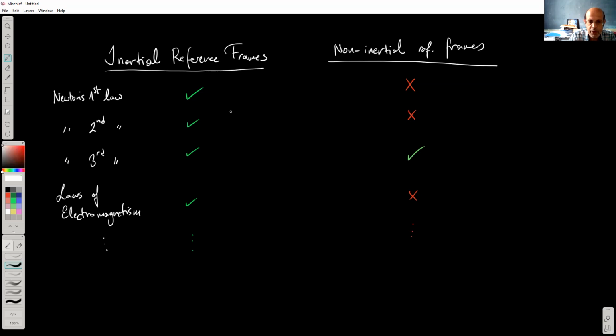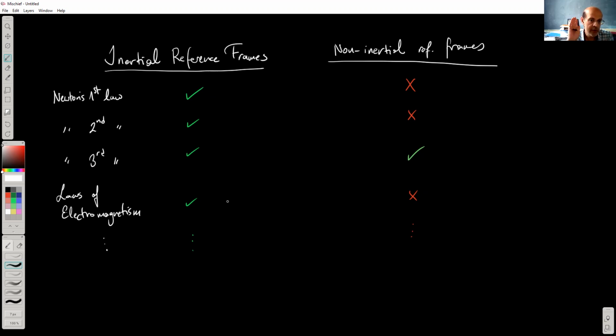But since at this point we just know Newton's laws of motion, we don't know anything else yet. So we are going to see the law of gravity later, Newton's law of gravity. And then next semester, we are going to essentially see the laws of electromagnetism and things like that, right?